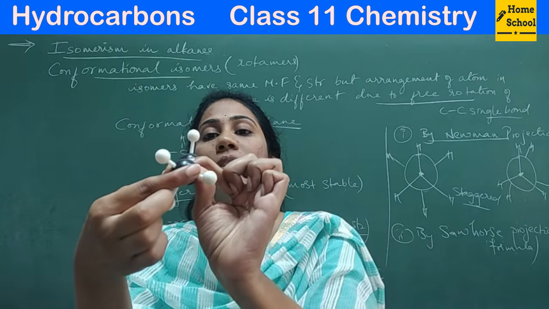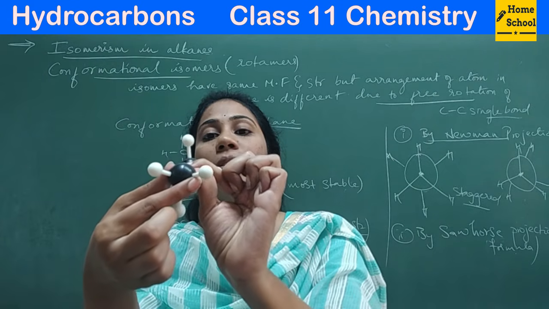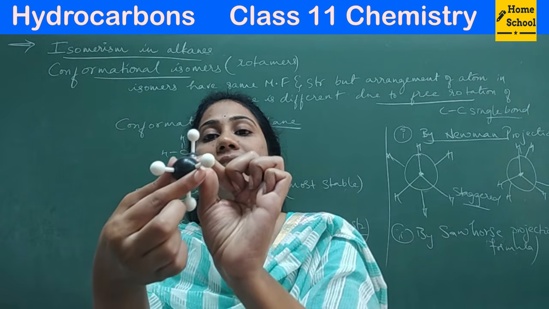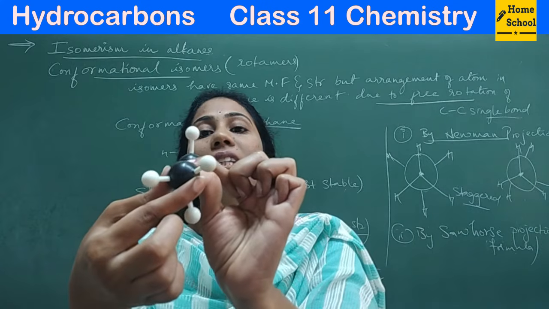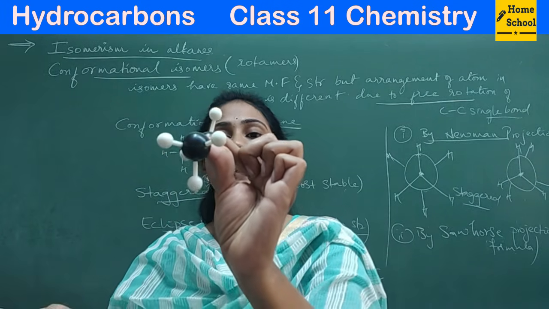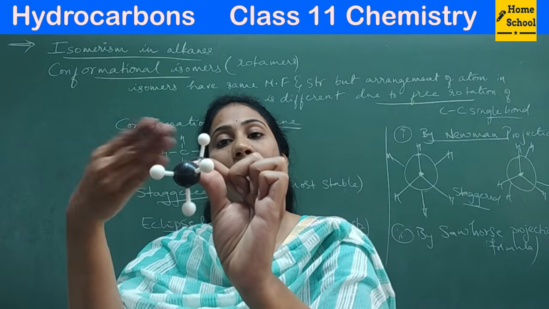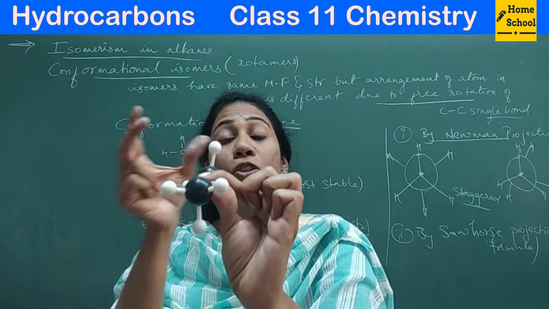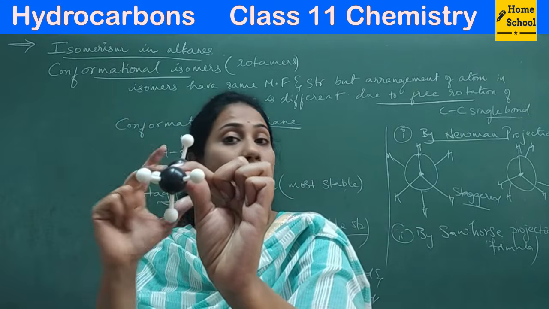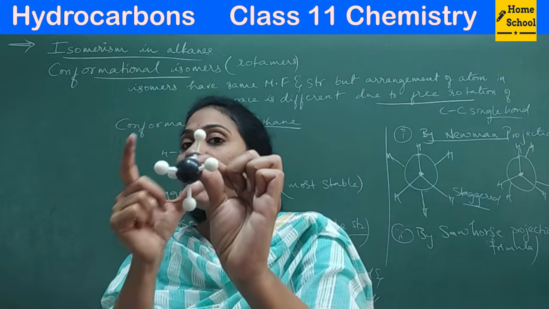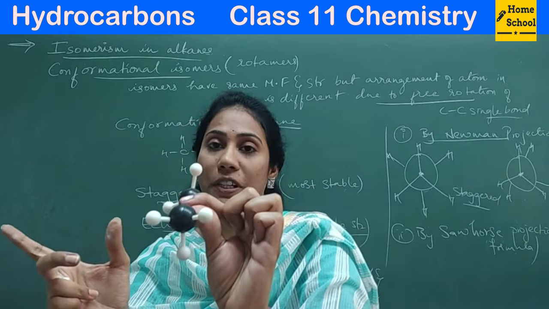Slowly the bonds move, and again this is another conformer, and again another conformer. Now you see, you got staggered. So after many conformers, you get staggered. And as I rotate further, after many conformers you will get eclipsed. So between staggered and eclipsed there are many conformers, and they are all collectively called skew conformers.